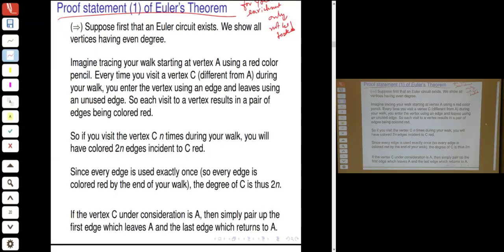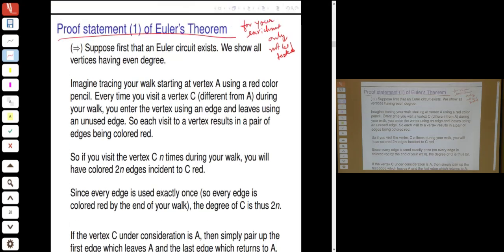This is also known as Euler's theorem. The reason why I will discuss this argument is that it essentially embodies a certain kind of thinking which gives you the flavor of how people think about graphs, how people think in graph theory.